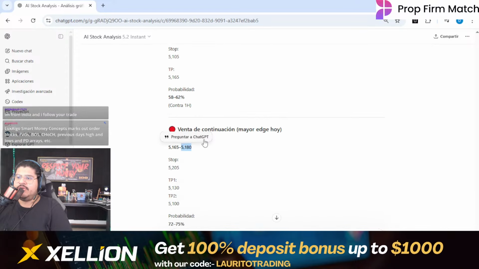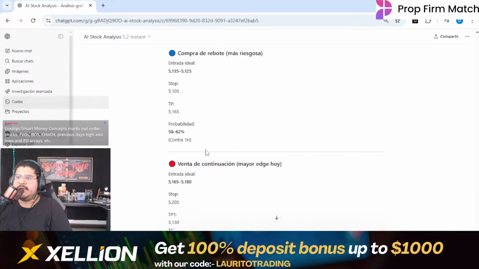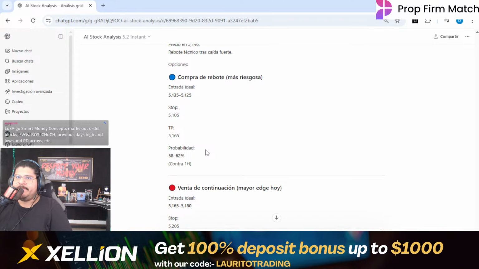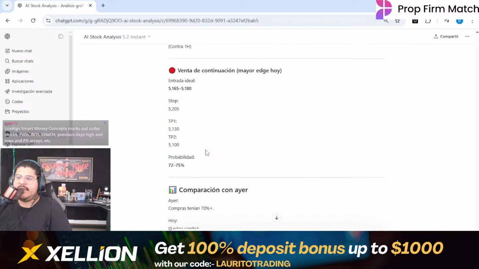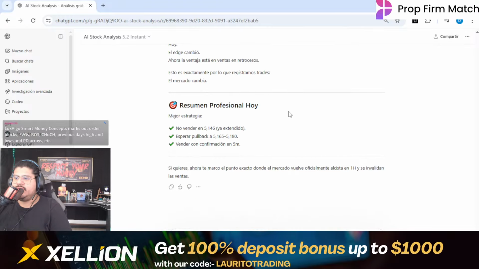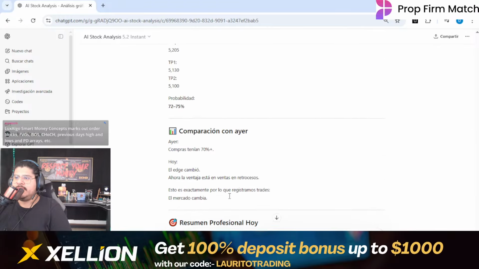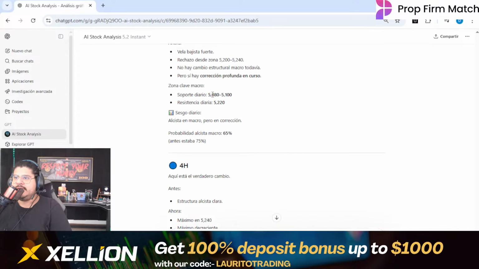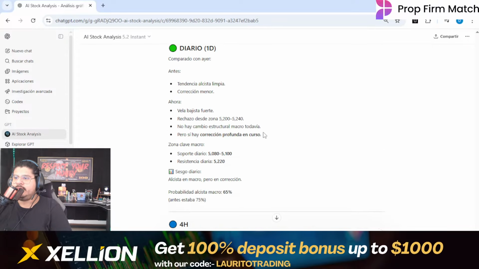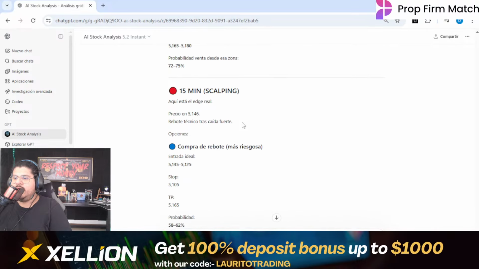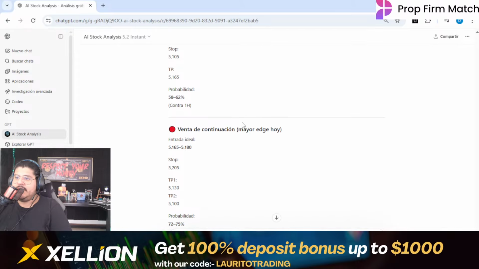You need to understand the information. It's something I explain to people in the Discord. If you are going to use the AI stock analysis with ChatGPT, you need to understand all the information they provide in the questions.